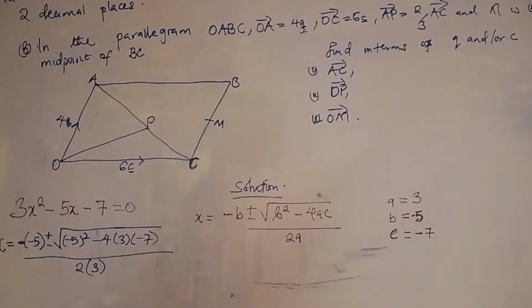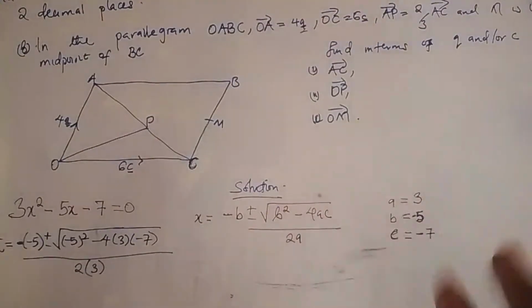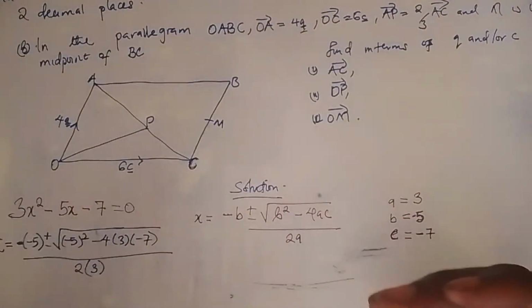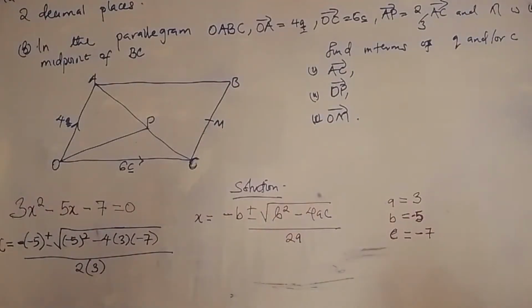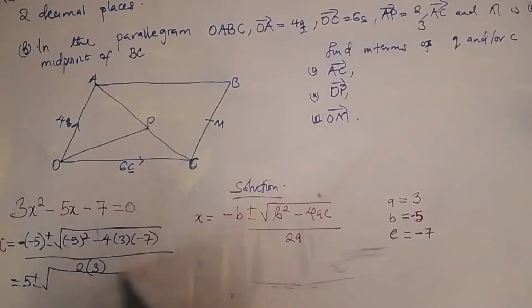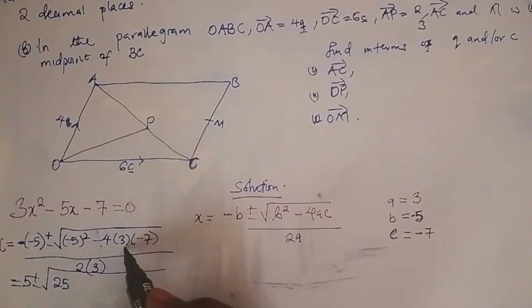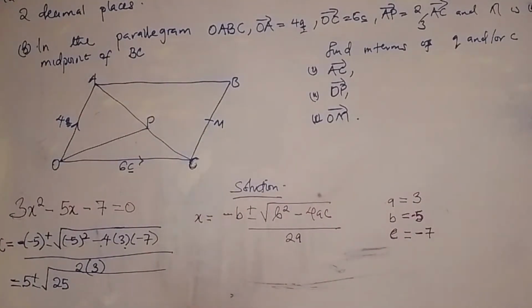So once you have replaced like that, you have basically replaced everything here. So now it's just a matter of multiplying. What is negative times negative 5? We have 5, plus or minus. What is negative 5 squared? We have 25. Negative 4 times 3, we have negative 12.